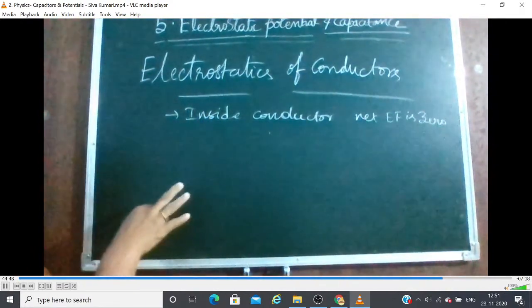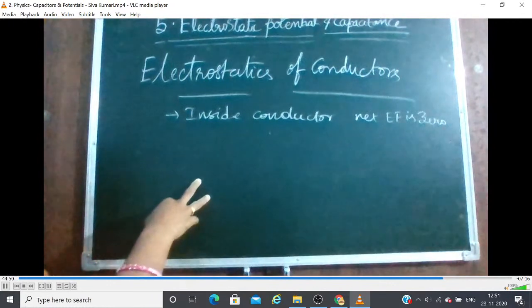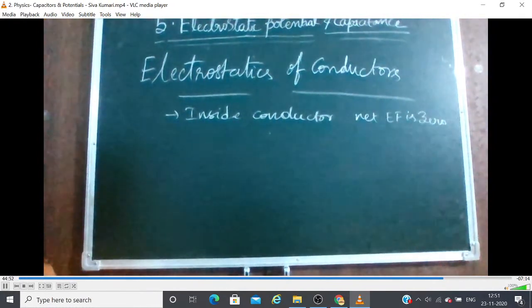The points related to the electrostatics of conductors will be applied in various situations of this chapter, electrostatic potential and capacitance. In this chapter we have to apply it in so many situations.